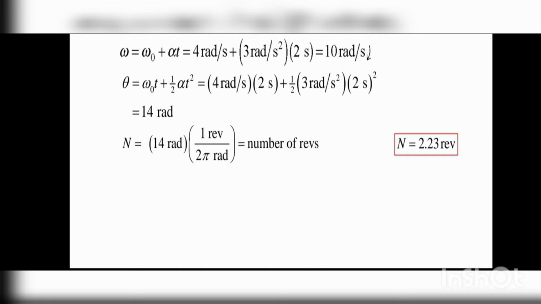We substitute it, and the answer is 14 rad. We remember that 1 rev is equal to 2 pi rad. So now we're going to convert it to rev: 14 rad times 1 rev over 2 pi rad. So the answer is N equals 2.23 rev.